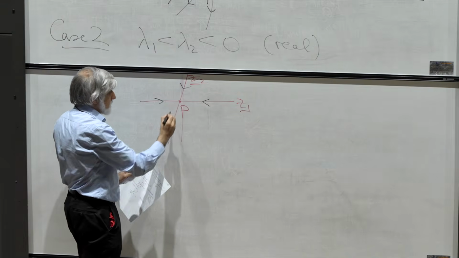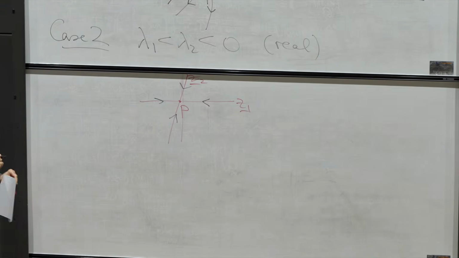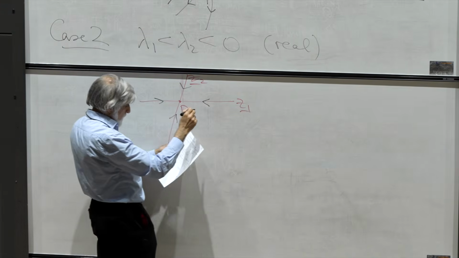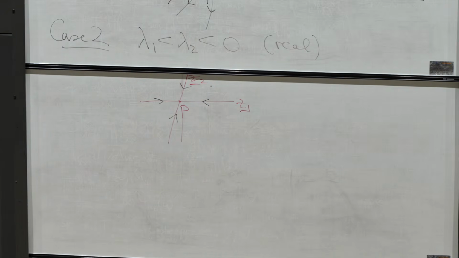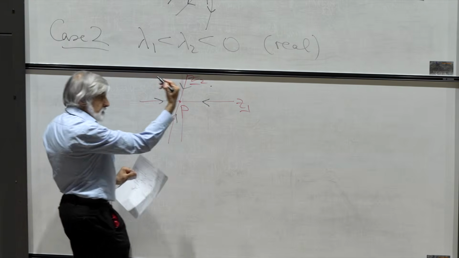Here and here. And now what happens if I start off here? Well, I've got Z1 and Z2, but as t goes to infinity, the e to the lambda 1t will go to 0 quicker, so again I'm tending towards Z2. But I'm decreasing.